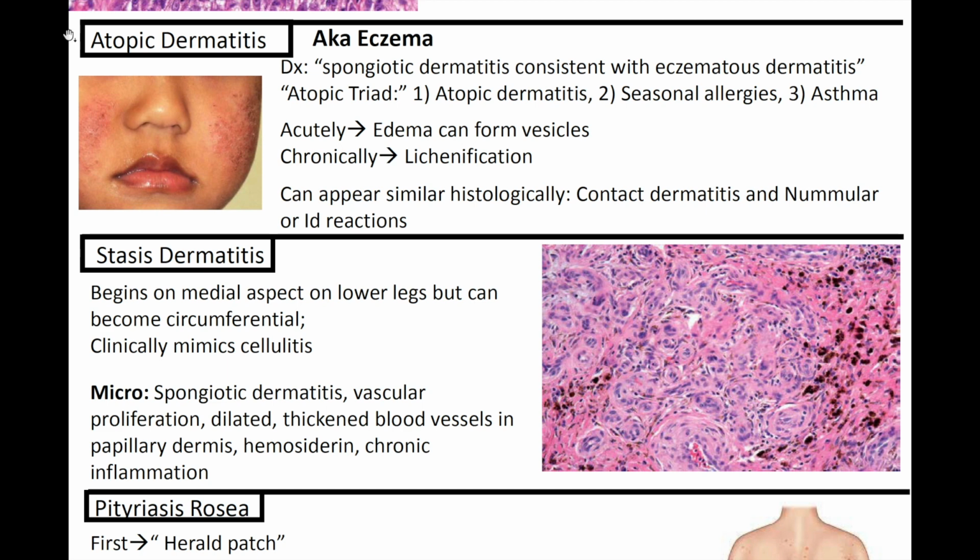Acutely, this may lead to edema and can form vesicles, and then chronically, if atopic dermatitis sticks around long enough, you can have lichenification. It can appear similar histologically. Contact dermatitis and nummular or id reactions can all kind of appear similar histologically.